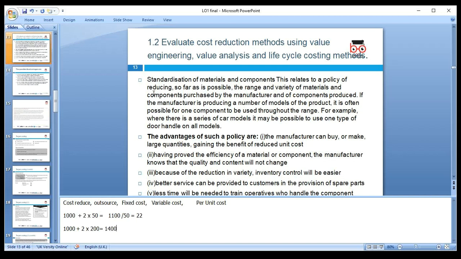If you divide by your 200 clients, what is your per client cost? 1,400 divided by 200 is £7. It dropped from £22 to £7.